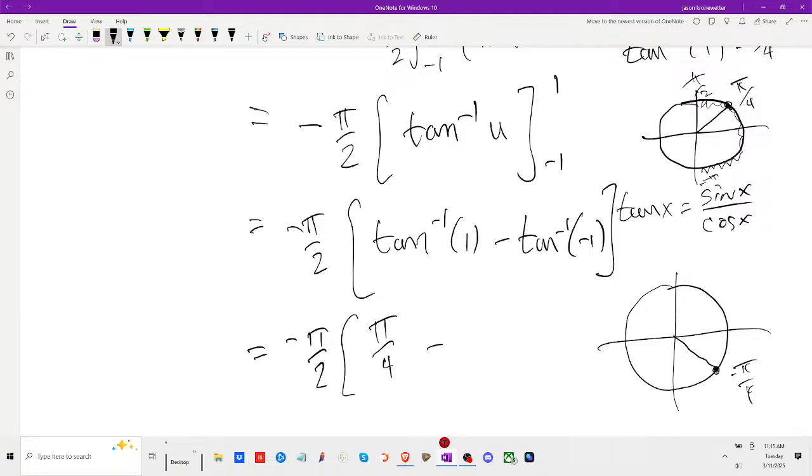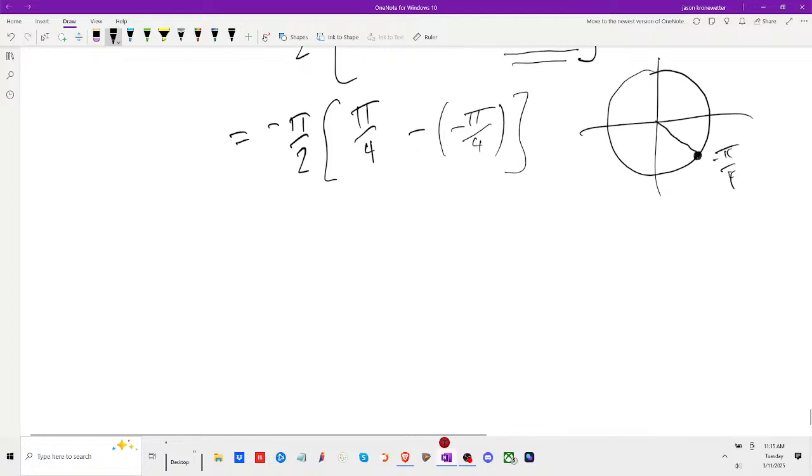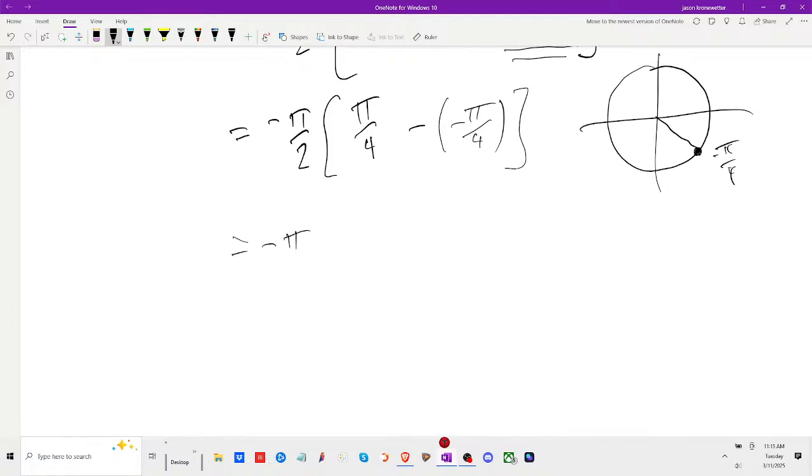We can't use 7 pi over 4 for this point here. We have to use negative pi over 4 because that is the range of inverse tangent. Anyway, the value of inverse tangent of -1 is negative pi over 4. Now I'm ready to go. I have negative pi over 2.